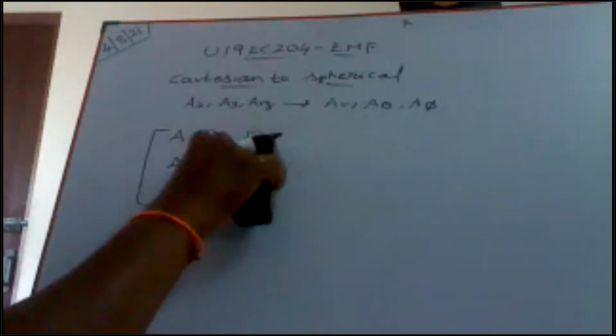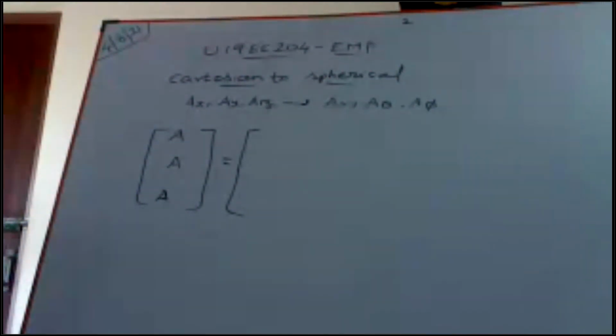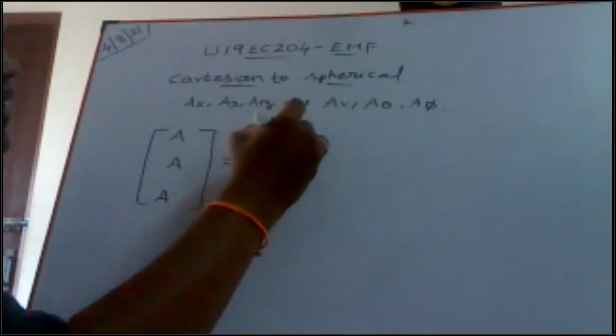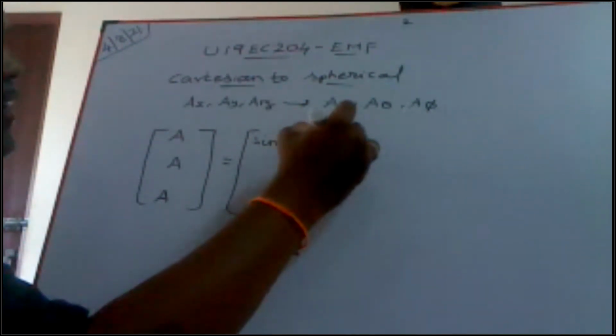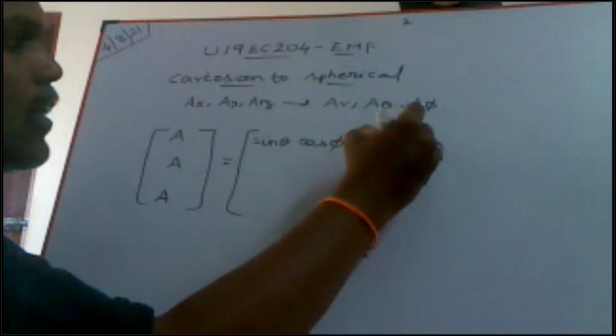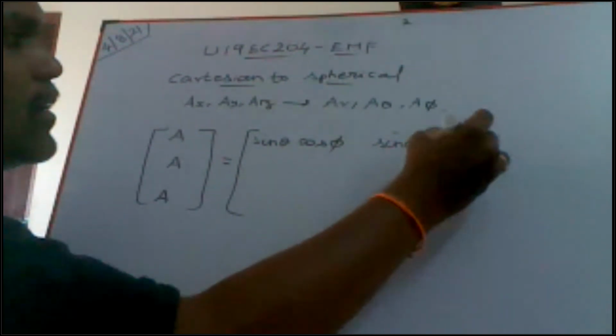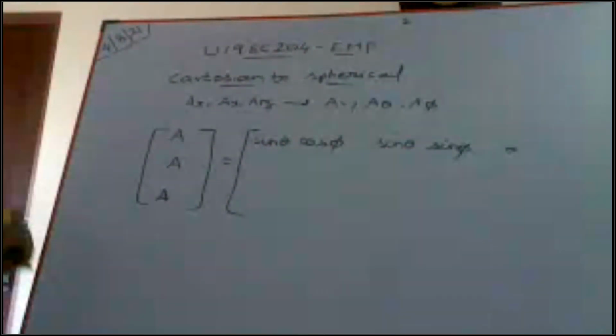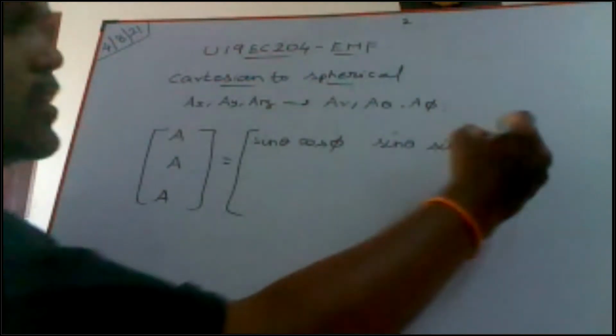This also has to be erased. If you ask what values come here, we have written the equation already, right? So it becomes sin theta cos phi, sin theta sin phi, cos theta.